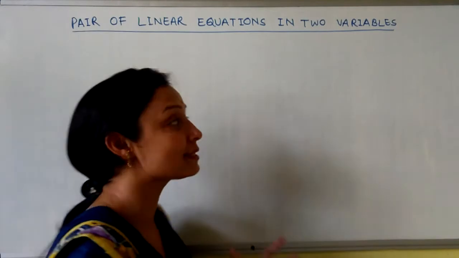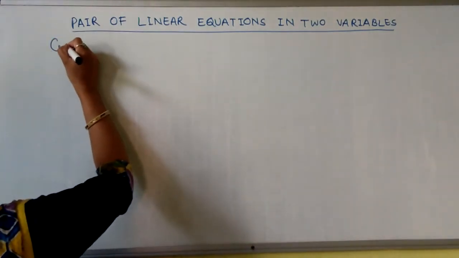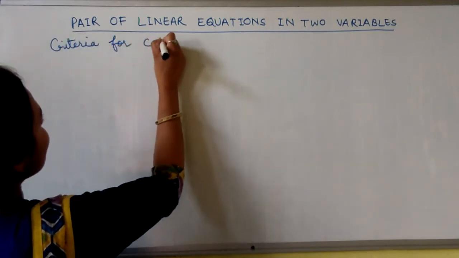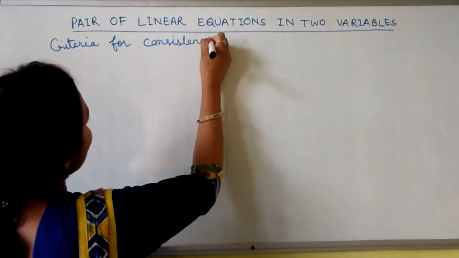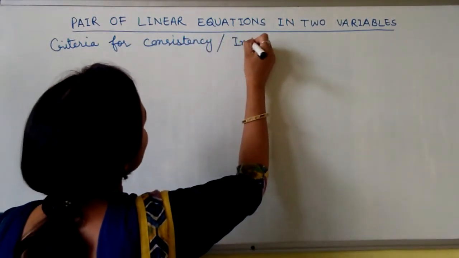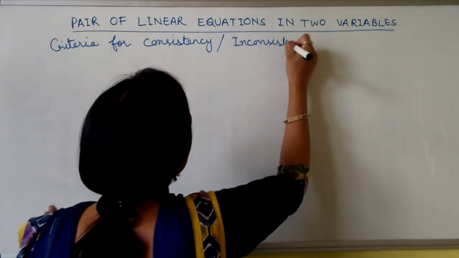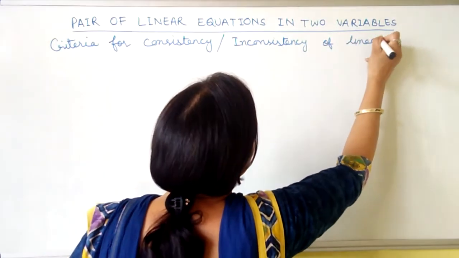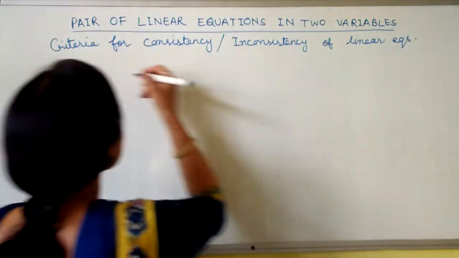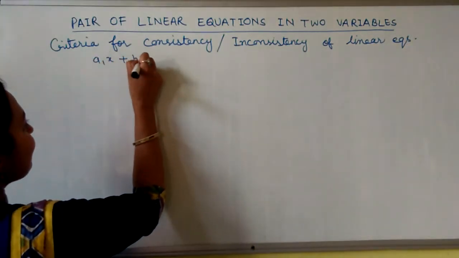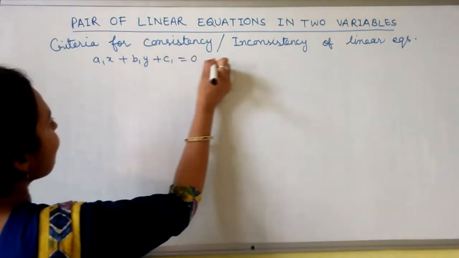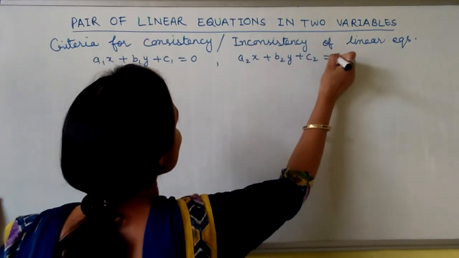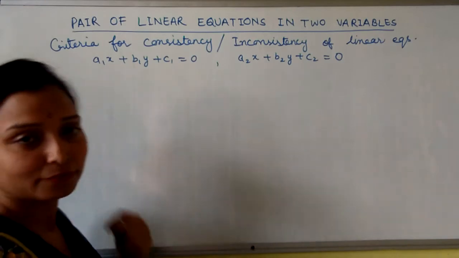My subtopic is criteria for consistency of linear equations a1x plus b1y plus c1 equals 0, a2x plus b2y plus c2 equals 0. So let's start for the criteria.